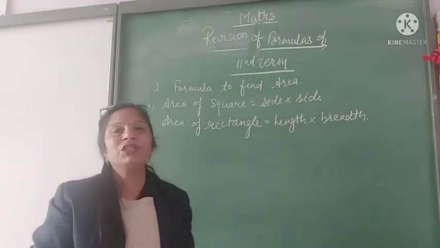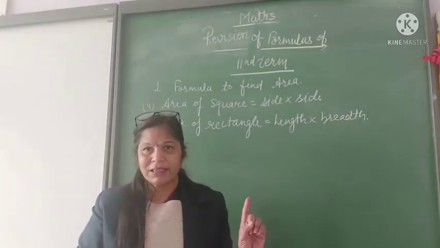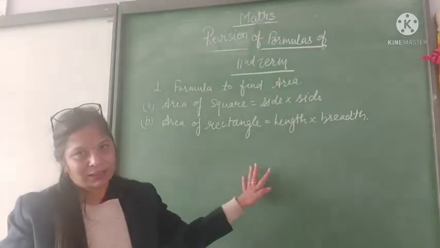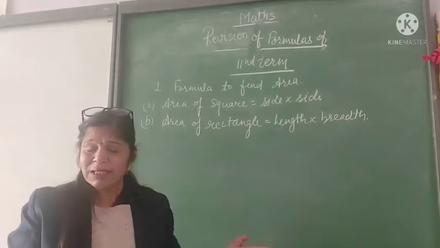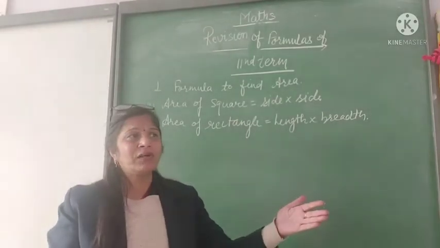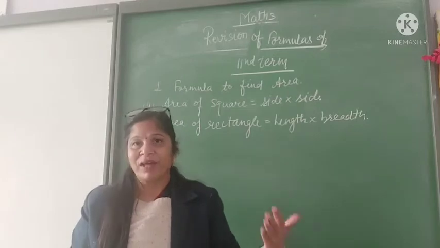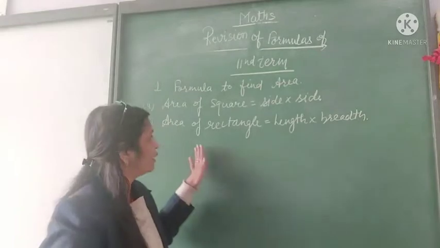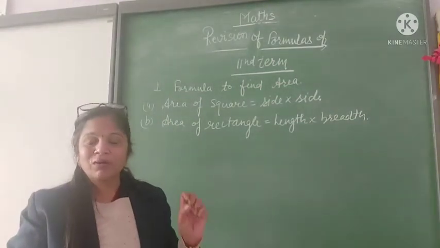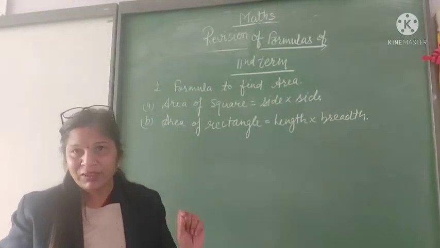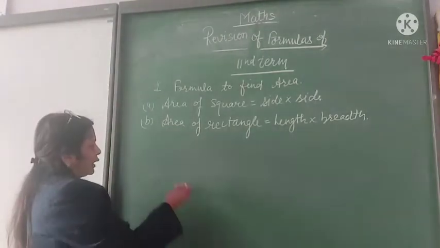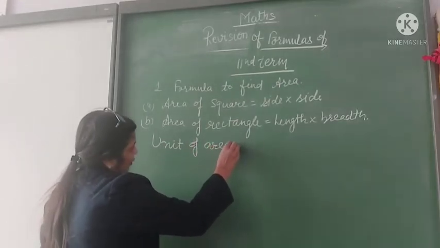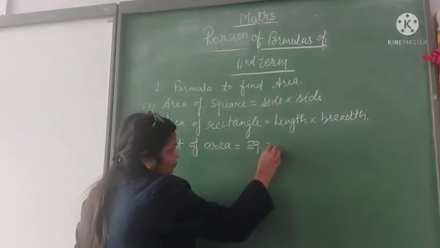Children, when I was teaching you the area, at that time I told you without unit your area answer is incomplete. Of course, yes, if I say area of square is 5, what is 5? 5 centimeter, millimeter, kilogram, what is this? So first of all we will write the unit also. If the question has given unit in meter, so unit of area will be square meter.